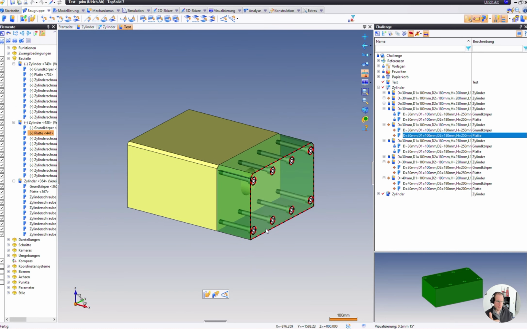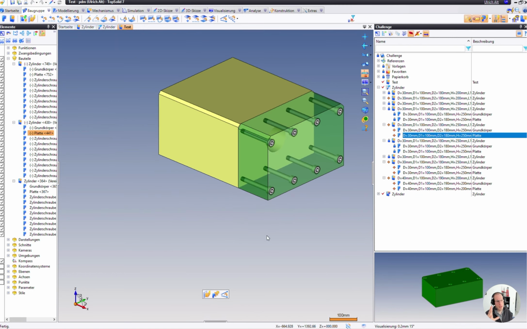So 1, no synchronization. 2, same part stays same part. 3, minimal driver set. And that would be ideal because it would be, in my point of view at least, the most performant way of building this kind of families, of building this kind of configurable products, configurable components.